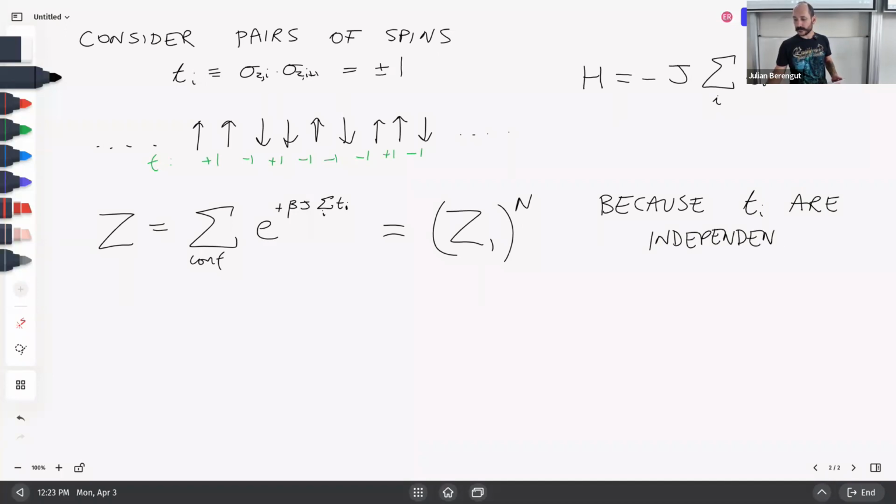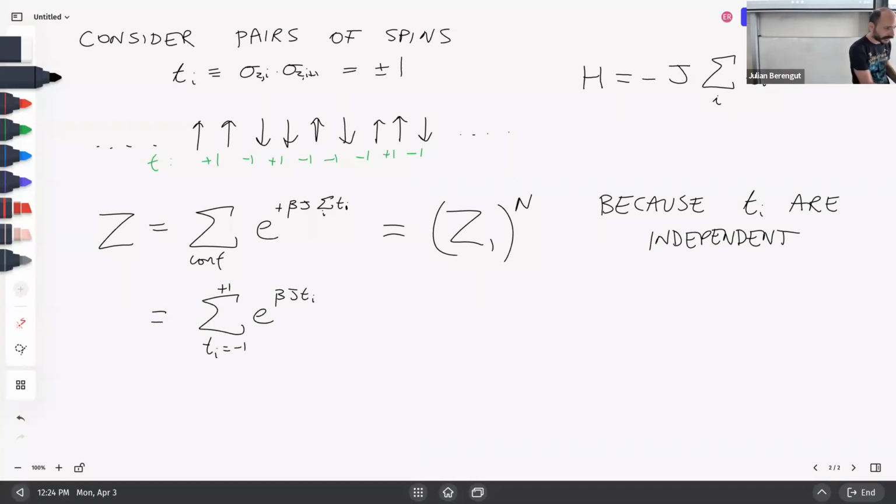Because these are independent of each other, non-interacting, I can write it as Z1 to the power of n. What's Z1? It's just the sum over t_i equals -1 or +1, that's my two options, of e to the beta J t1.